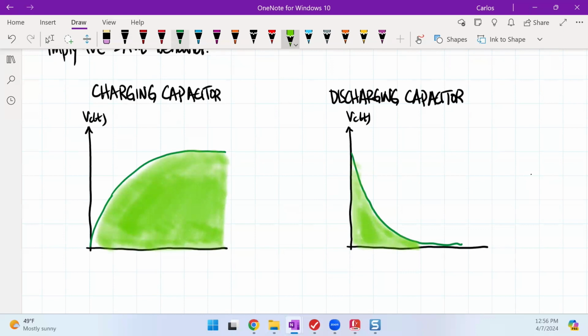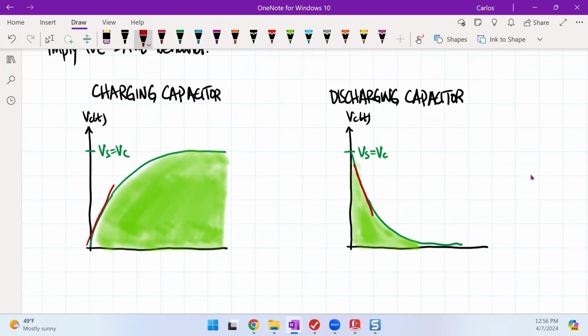In each of these situations, the source voltage is the same as the capacitor, and at this point, the source and the capacitor are at the same value. So the key here is the slope. When I look at the slope, you can see that the slopes at the beginning are very steep.